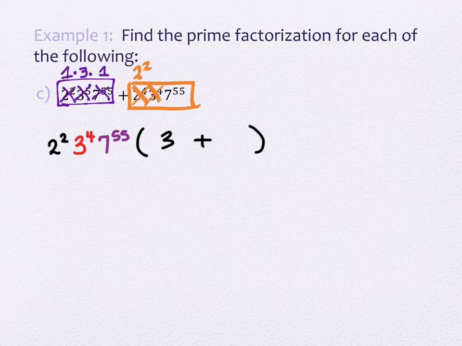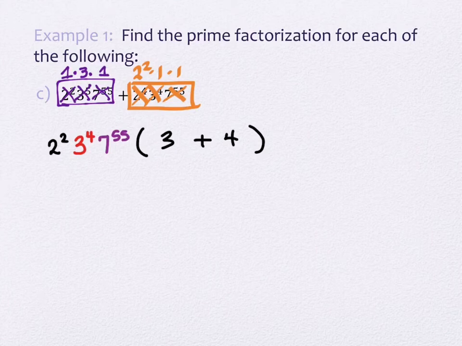What am I left with? Well, I'm left with 1, right? Because it's division. Pulling things out is dividing. 3 to the 4th divided by 3 to the 4th is 1. Okay. How about the 7 to the 55? Also happens to be a 1. So 2 squared times 1 is what? It's 4. So on the other side of the addition sign, I happen to be left with a 4.